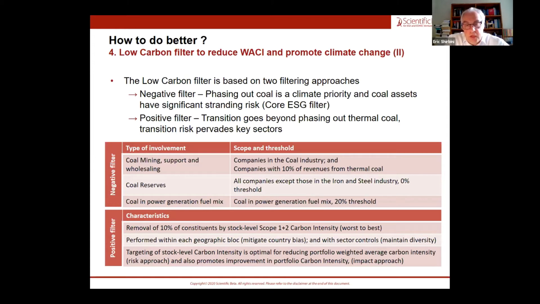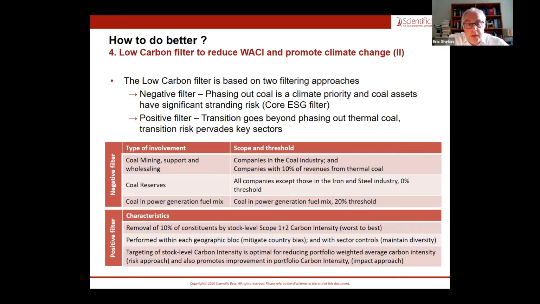So we have some sector controls in place that ensure we have a good diversity across different sectors. Both the negative and the positive filter are applied on a regional basis as well. That ensures that we have good exposure across all the different regions as well to mitigate country biases.